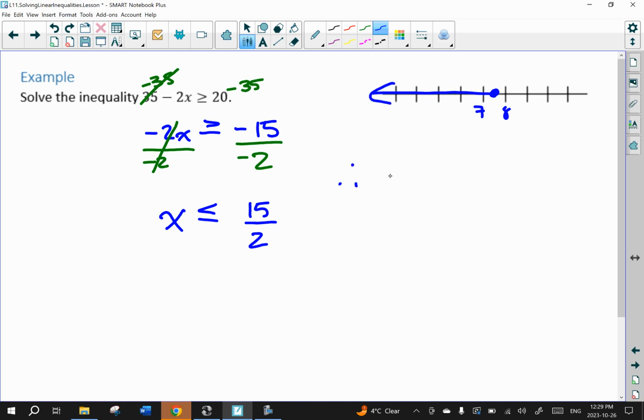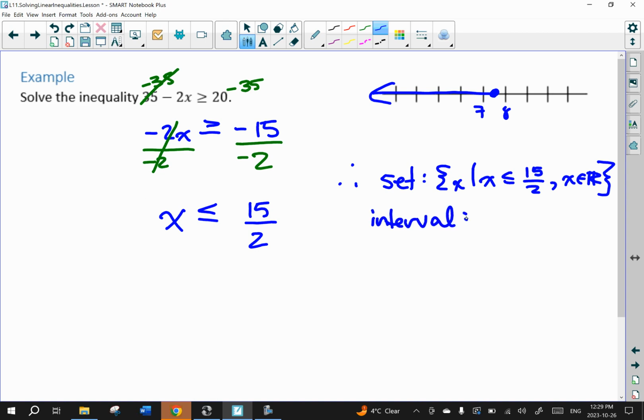So therefore, the set would be x such that x is less than or equal to 15 over 2, when x is an element of the real numbers, or the interval, we're going from negative infinity all the way to 15 over 2, but we're allowed to equal that, so it would get a square bracket.